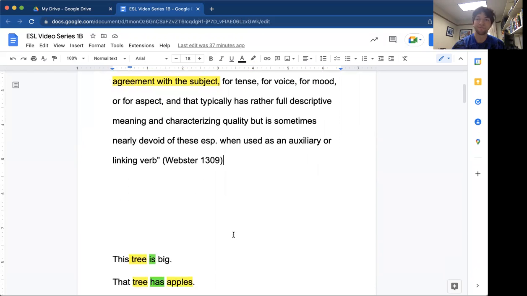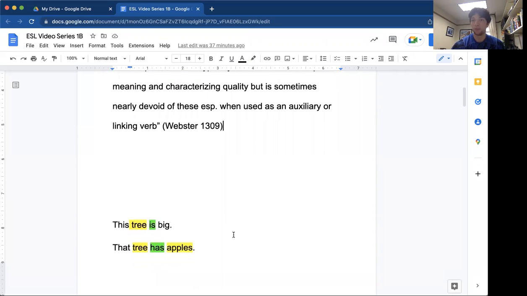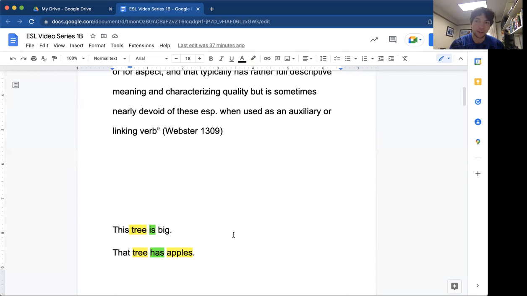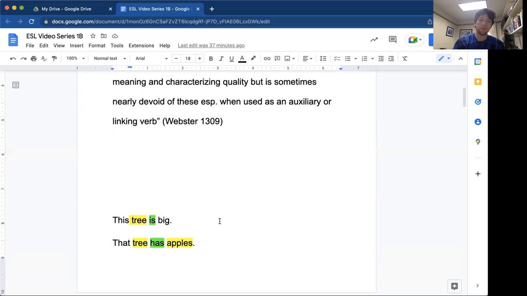And these are all typically things that you'll find as the subject of a sentence. Those are pronouns that can be the subject of a sentence. And a lot of times a noun, or more accurately, a noun phrase will be the subject of a sentence.